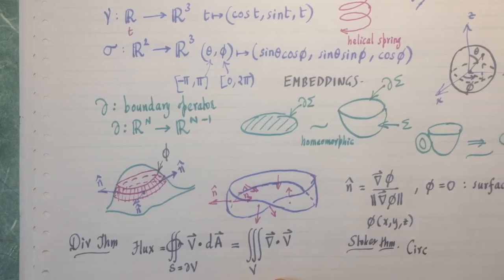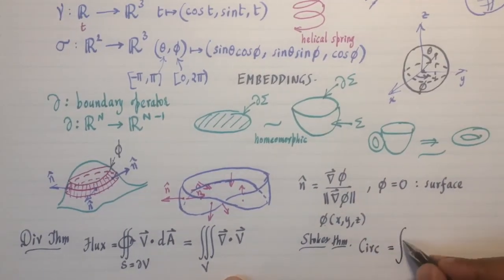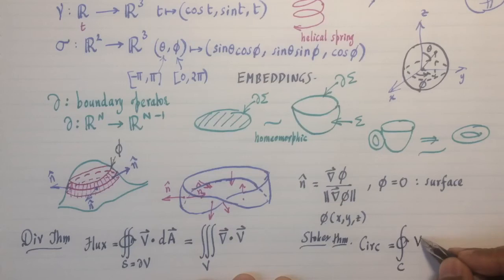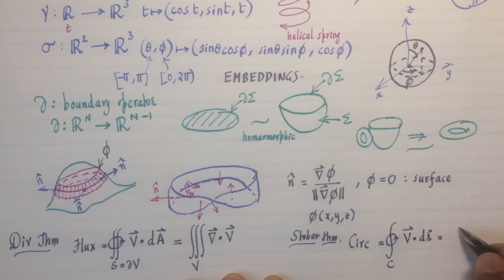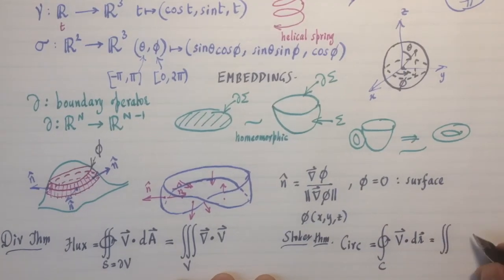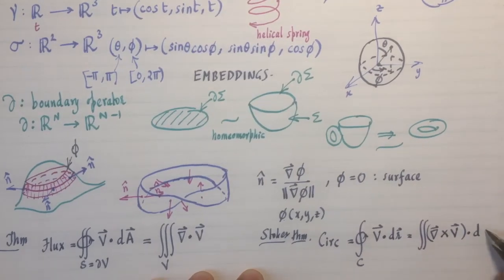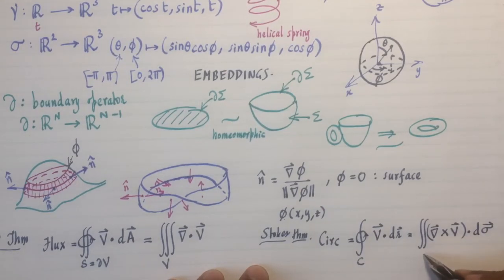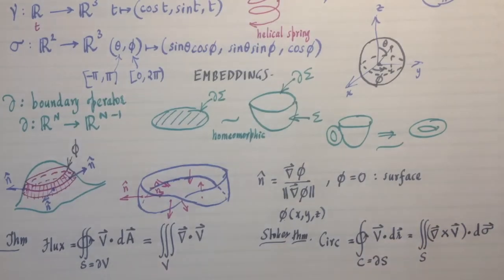A certain quantity called the circulation, circ, which is defined as the closed integral over a line curve of the vector field dotted with dr, is going to be the double integral over an open surface of the curl of that vector field dotted with some area element, which I'll call d sigma, and this one is over a surface S, and the stipulation here is that the curve be the boundary of that surface, and that also is an oriented line integral.